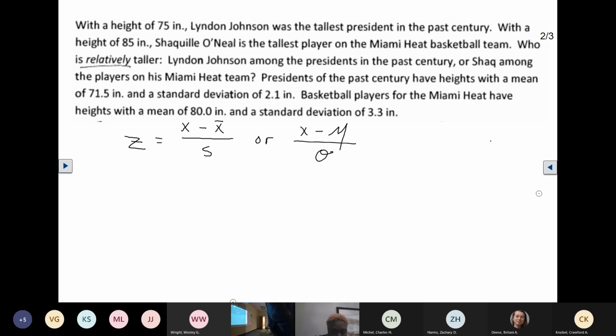One is for the population that has the Greek letters that I showed you back in chapter 1, that you should have written in your notes because it's in my notes. And the regular letters, x bar, is for the statistic. That's the sample statistic, which means variables used for the sample. Variables used for the population are Greek letters.